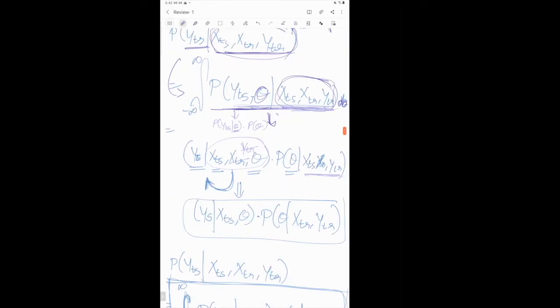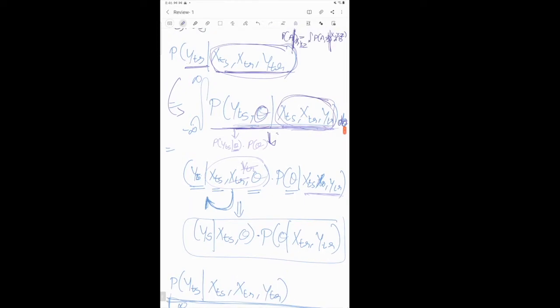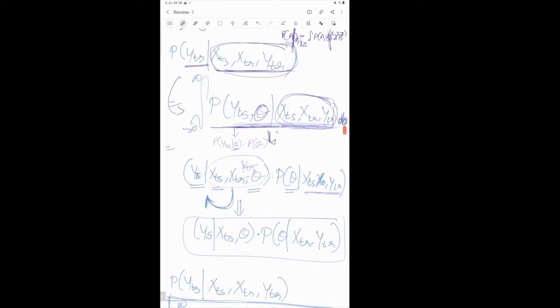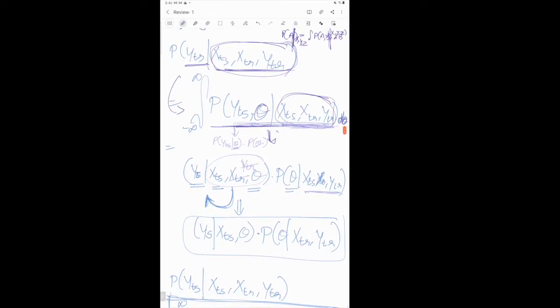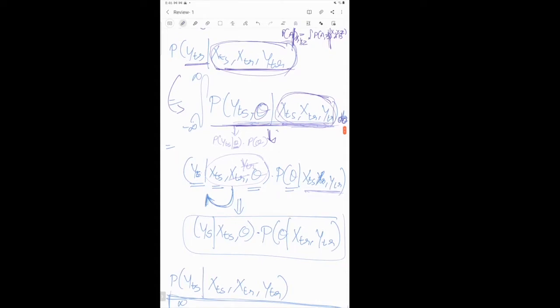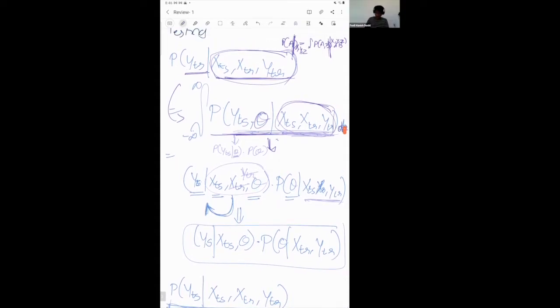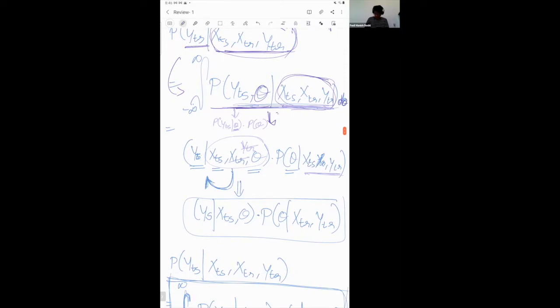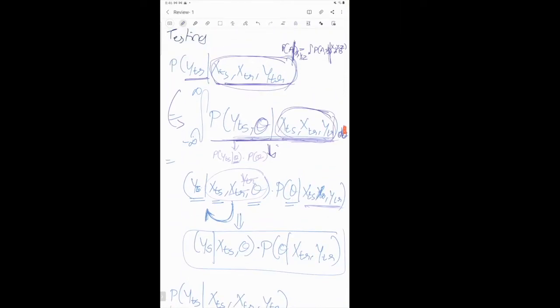I understand the equation where you said probability of y test given x test, y train etc. is equal to this integration where we marginalize out the theta. After that, I didn't get it. How did you get that equation? Which properties of probability are you applying?